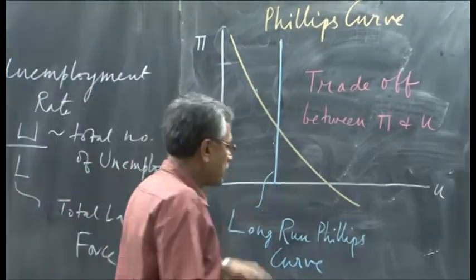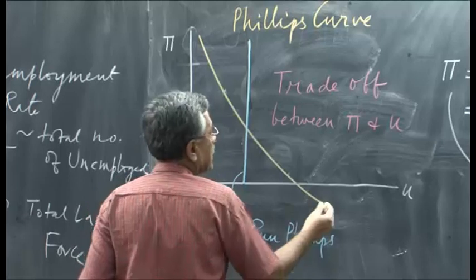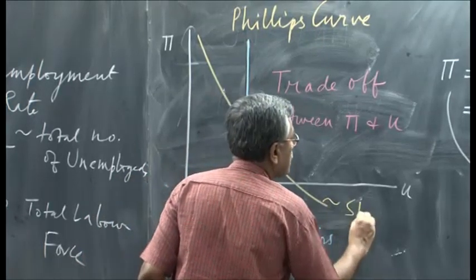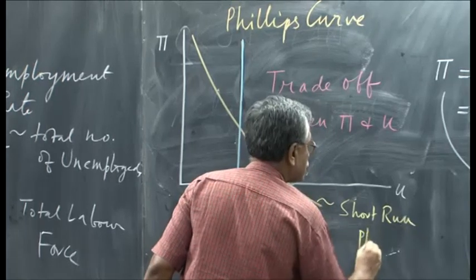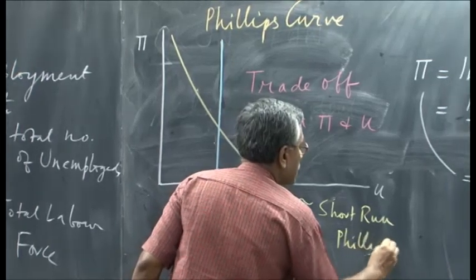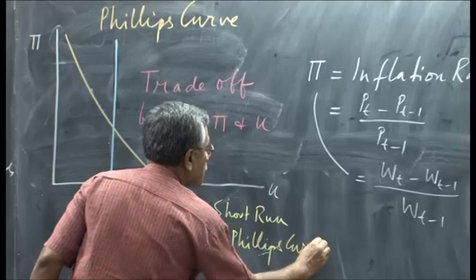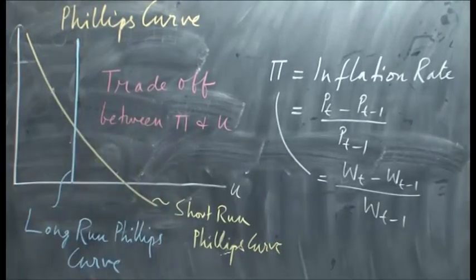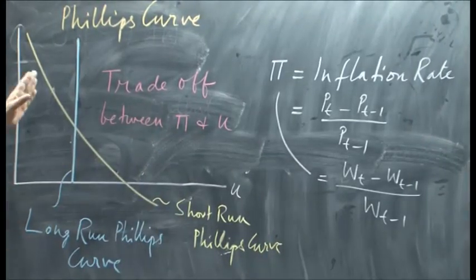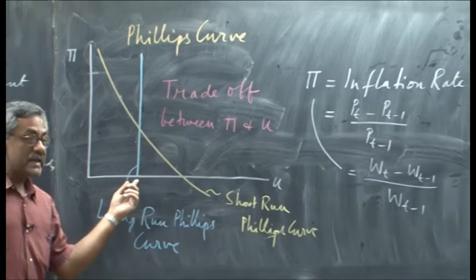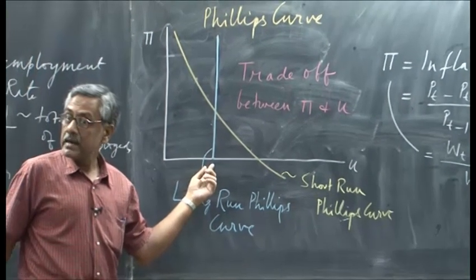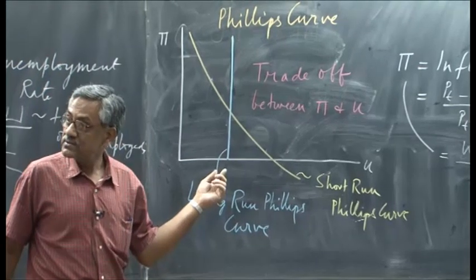And this downward sloping line is essentially the short run Phillips curve. And they tried to prove this using data. Now in the long run, if it is vertical, what is it saying? There is no trade-off. All right? And they are also saying the value on the x-axis here has been fixed.